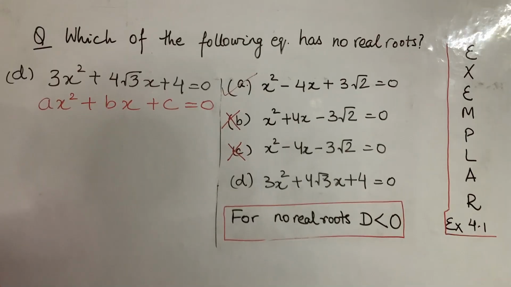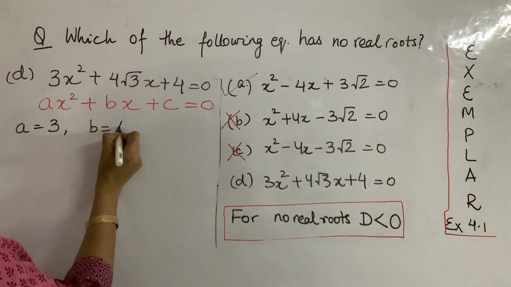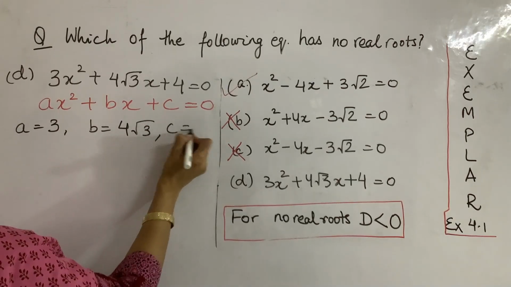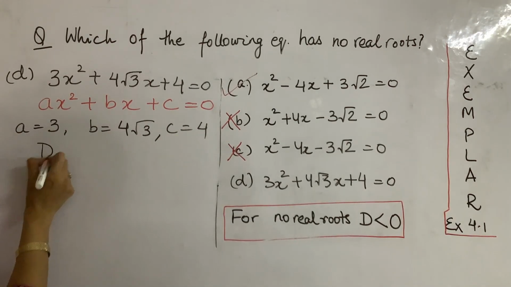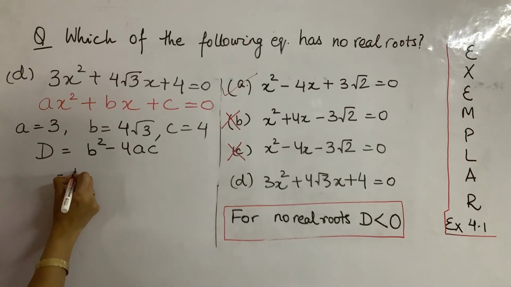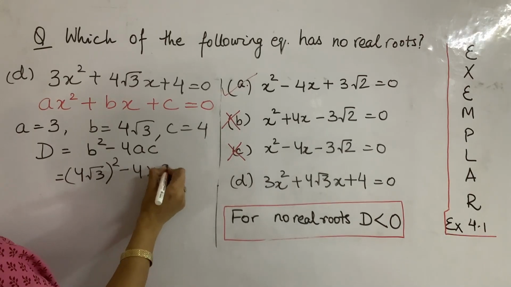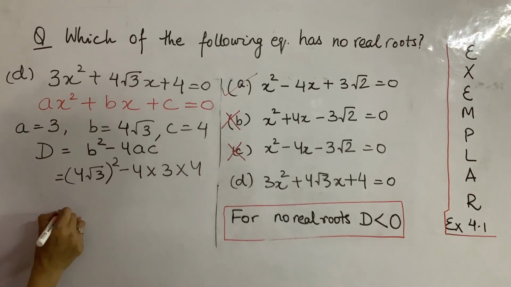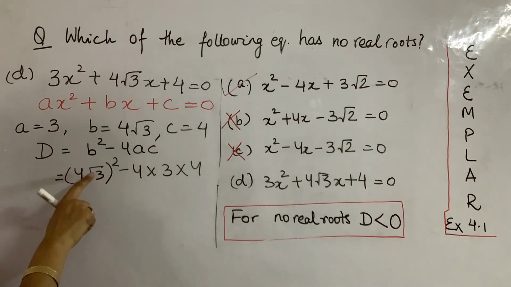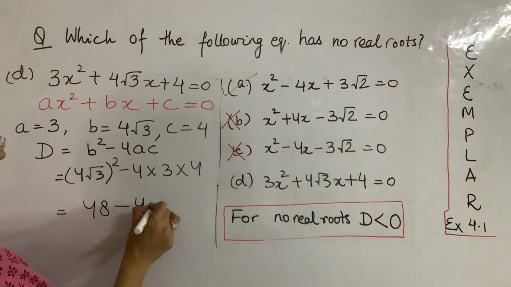Let us see part D. D part is 3x square plus 4 root 3x plus 4 is equal to 0, and comparing with ax square plus bx plus c is equal to 0, we have a is equal to 3, b is equal to 4 root 3 and c is equal to 4. We have to find out discriminant. Discriminant is b square minus 4ac. b square is 4 root 3 whole square minus 4 into 3 into 4. इसको सॉल्व करेंगे तो ये हो जाएगा 4 4 से 16 इंटू 3 48. इसको भी सॉल्व करेंगे तो कितना हो जाएगा 48.